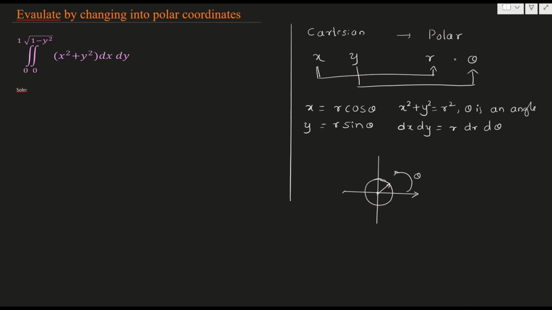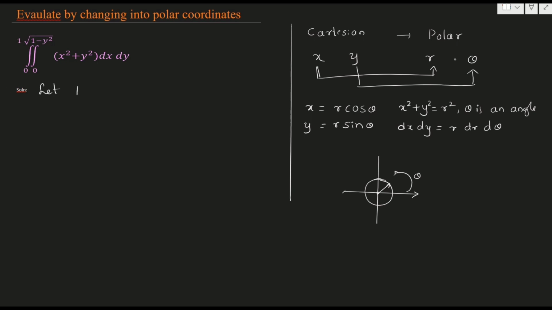Now we'll see this example and then you'll come to know how to change Cartesian to polar and evaluate such examples. The example is given as double integration, y from 0 to 1 and x from 0 to root of 1 minus y square, of x square plus y square dx dy. This is our example.